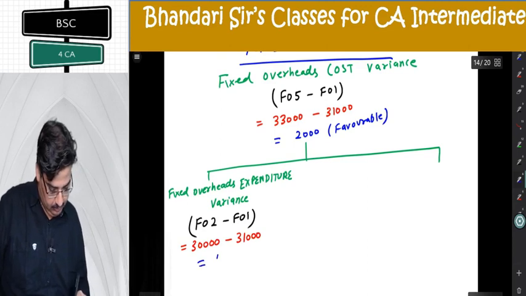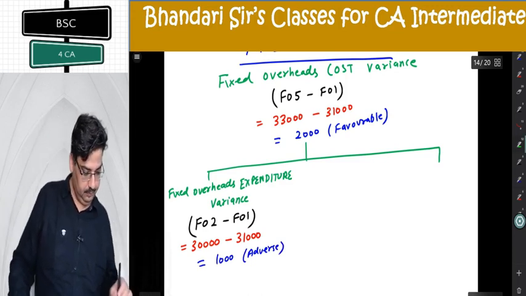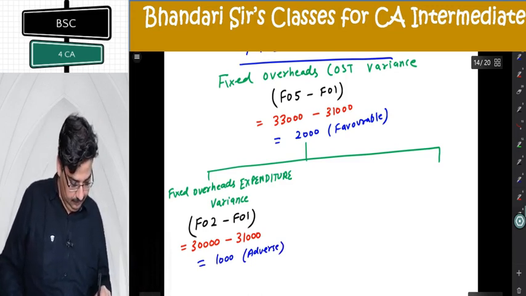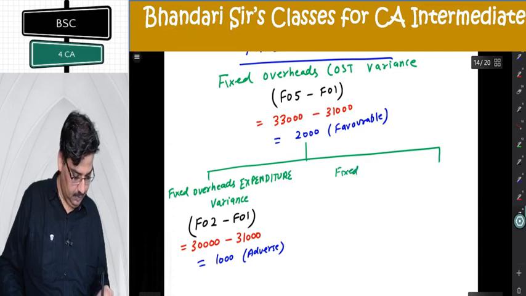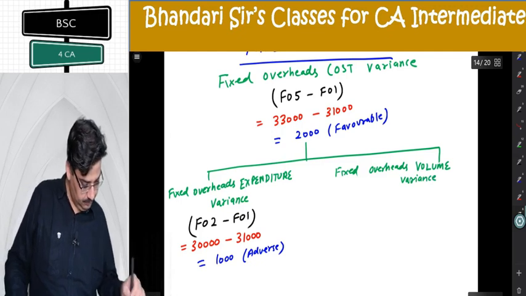So I'm getting 1,000 adverse. On the right hand side, fixed overheads volume variance.